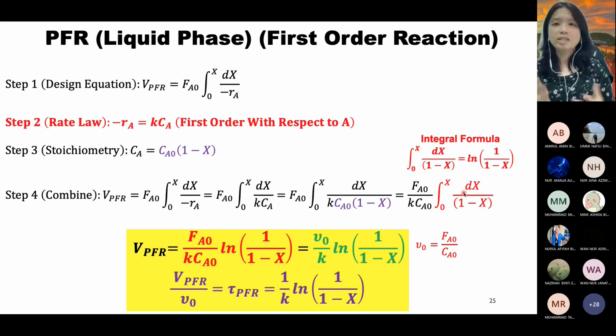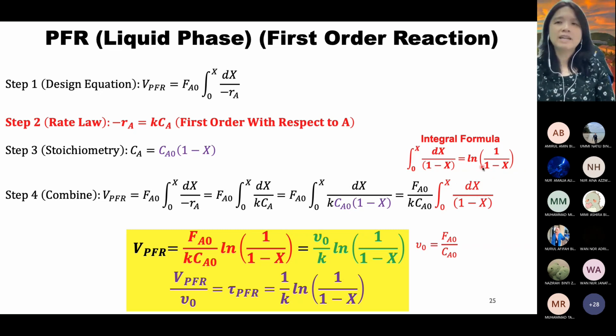Okay. The interesting part is for this integral equation, penyelesaian pengamiran ni, we have already the list of formulation and solution. Kita dah disediakan dalam reaction engineering, there's a list of integration di mana penyelesaiannya telah diberikan. So for this integration, when you have integrating from 0 to X, dX per 1 minus X, yang bahagian merah ni, penyelesaiannya adalah seperti yang di atas.